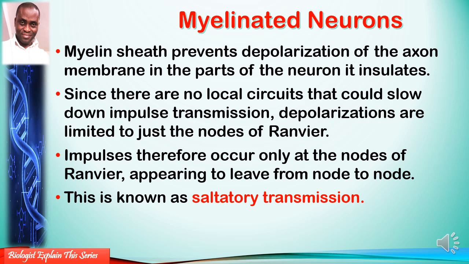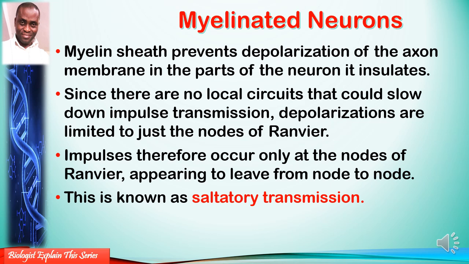So you picture it as if the impulse is leaping from node to node. That is what is referred to as saltatory transmission. Like a kangaroo leaping or hopping, or a toad or frog leaping rather than walking. Because if you leap, you save distance, but if you are walking, it's a much slower pace.